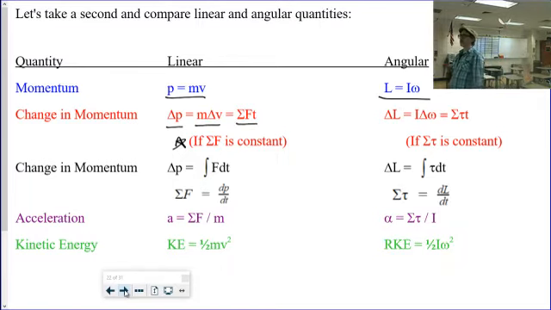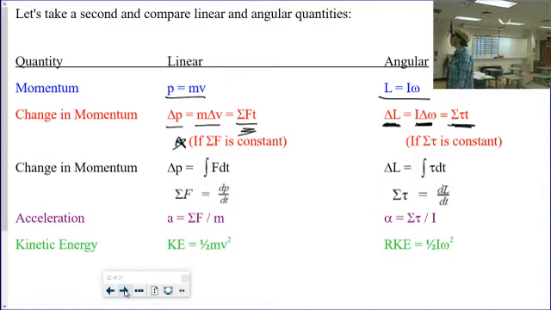The angular counterpart becomes this: the change in angular momentum. I wonder if you could call that angular impulse. I've never heard anybody call it that, but I guess that's really what it is. Your change in angular momentum is equal to, instead of mass times change in velocity, inertia times change in angular velocity, and instead of net force times time, it's net torque times time.